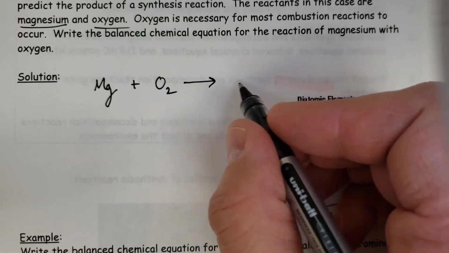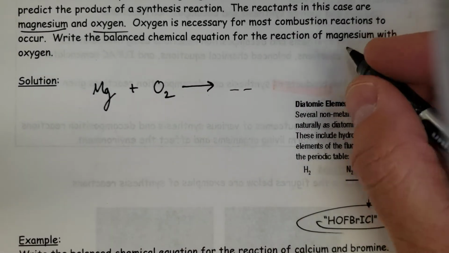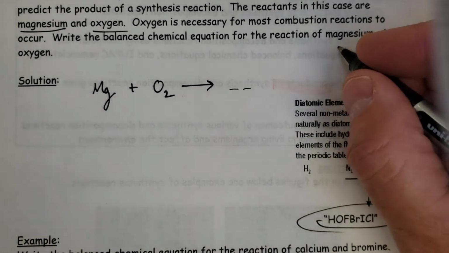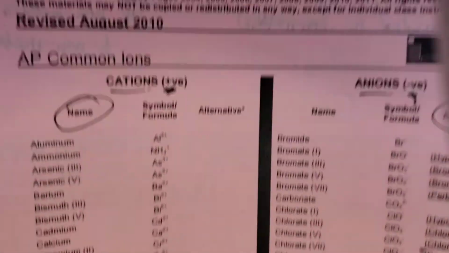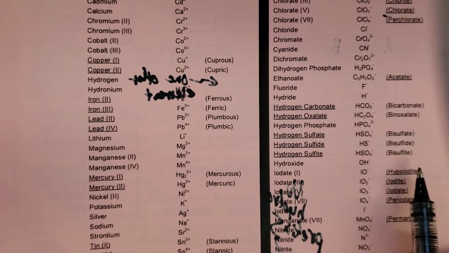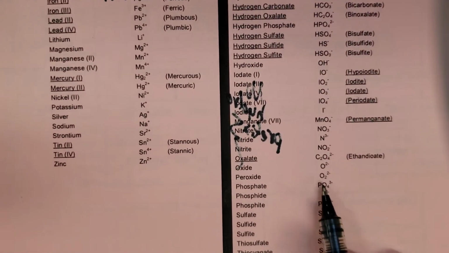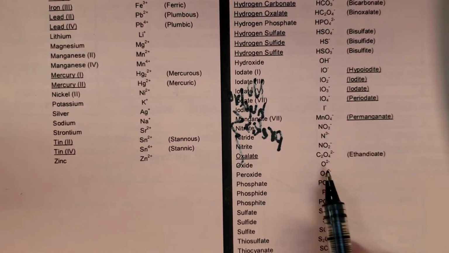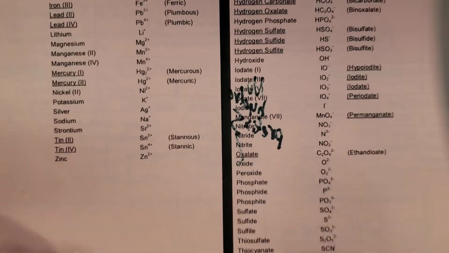So they'll come together to make a compound. Of course, what we have to look for there is the ionic charges on each one of those. Magnesium is Mg2+, and oxide is O2 negative.